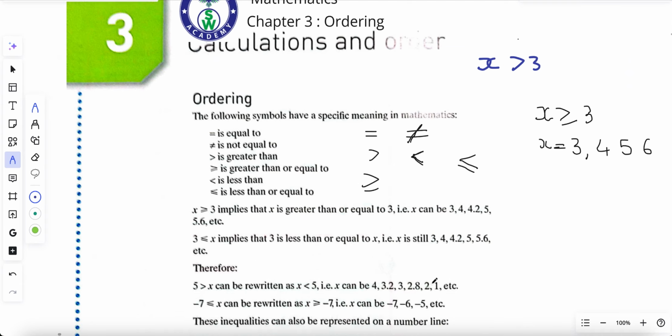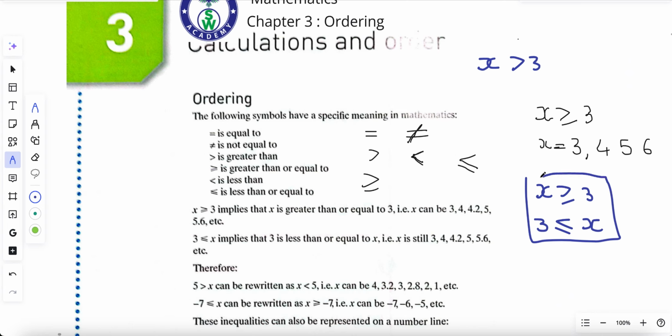So when we say x is greater than or equal to 3, another way of saying it is that 3 is lesser than or equal to x. Meaning x is a variable that has numbers greater or equal to 3. This and this mean the same thing.